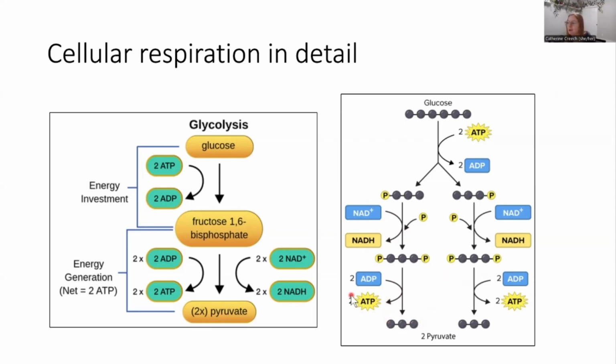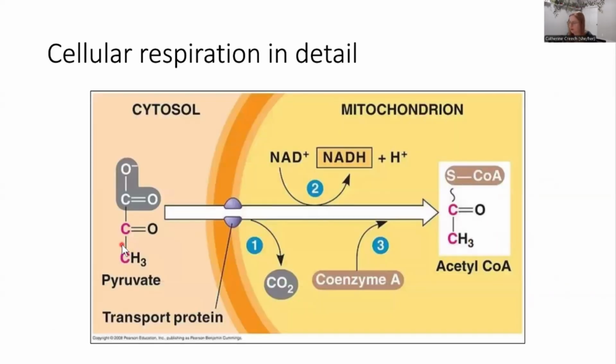Overall point, we are generating ATP, 2 net, because we invested 2 and we got 4 out. And we are also harvesting electrons. We haven't lost any carbon yet, but we've taken 1 molecule and we've created 2 new molecules.